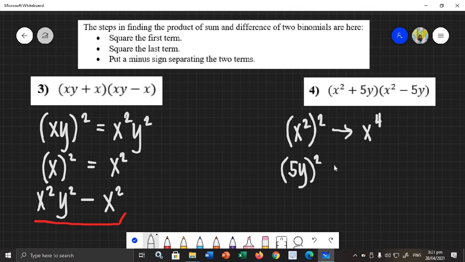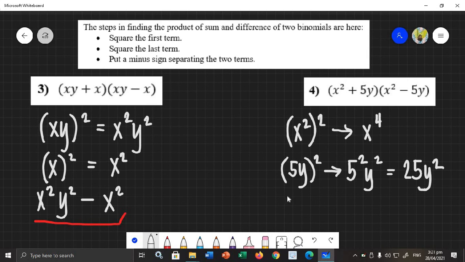Applying the power rule, we need to distribute 2 to each term inside the parentheses. So we have 5 raised to the second power, y raised to the second power. Simplifying this, we now have 25y raised to the second power.